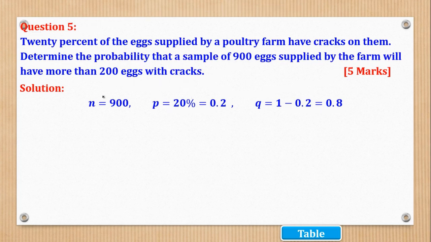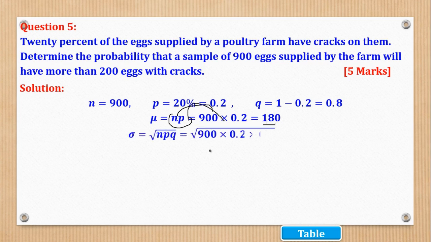So this shows you that it's under binomial, but you have to approximate because n is more than 20. So to approximate, we need the mean. Mean in binomial is np, so n times p to give you 180. Then you also need the standard deviation, which is root of npq, to give you 12.